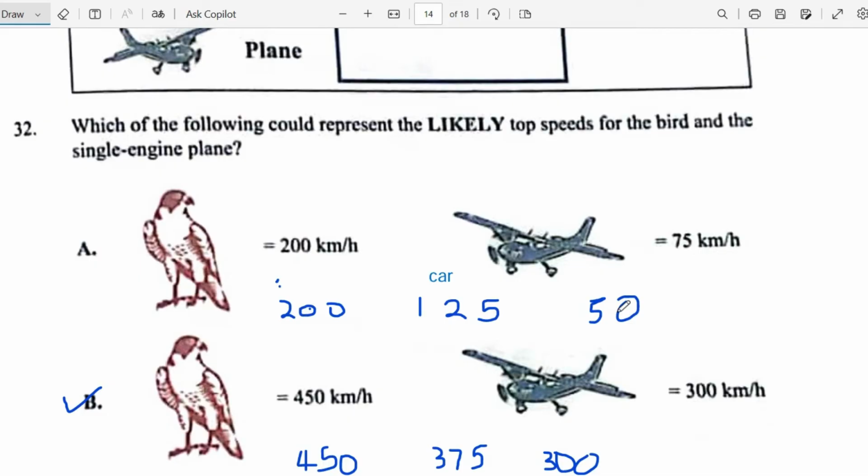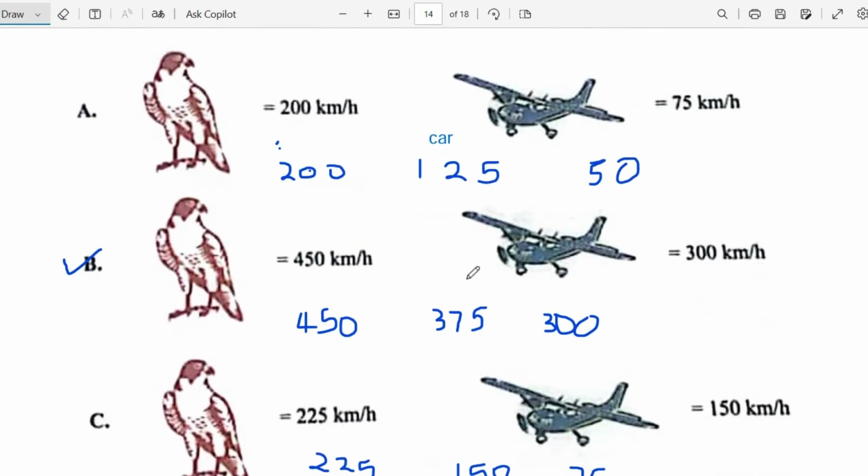So that's not going to be the correct answer because here is 75. All right, let's look at B now.